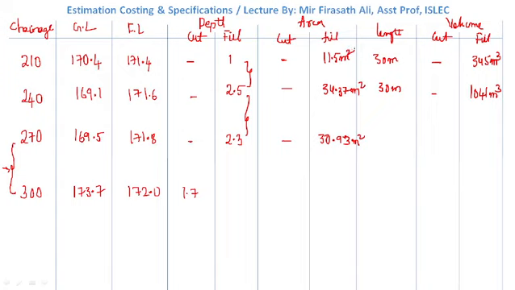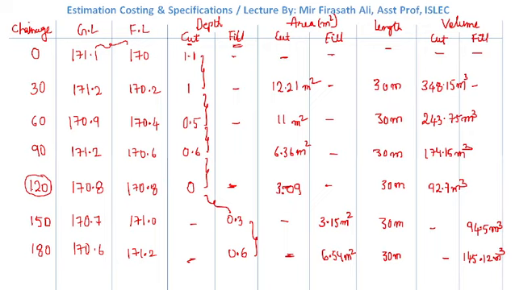interchanging station. See, if we look over here, from chainage 270 to 300, there is a transition from filling to cutting. Earlier the same transition was at the 120th station from filling to cutting, but there the transition was exactly at a station, which is 120.